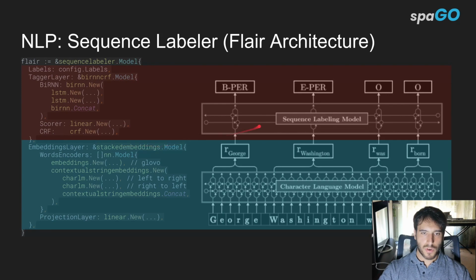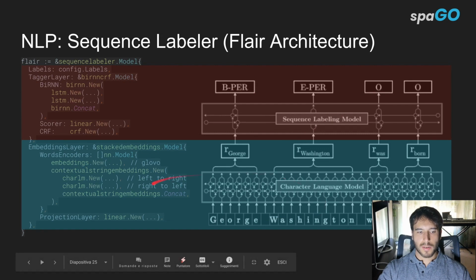On the top red part, we create a tagger layer with a bidirectional neural network, including a left-to-right LSTM and a right-to-left LSTM that we concatenate. We make a score to reduce the dimensionality, and a final CRF or conditional random field layer to perform the final prediction, so to retrieve the final labels.